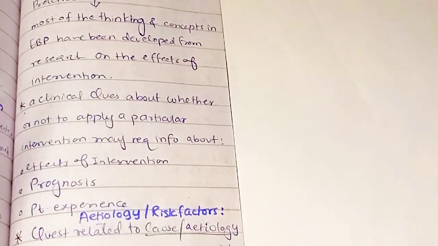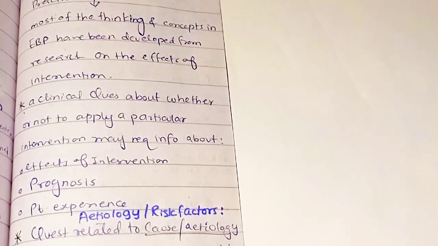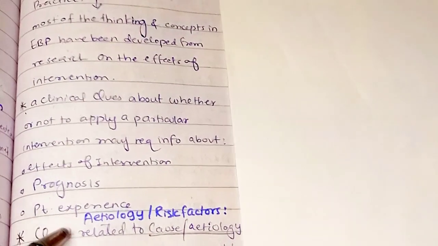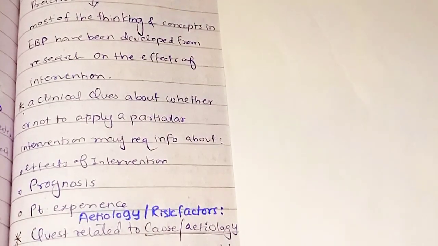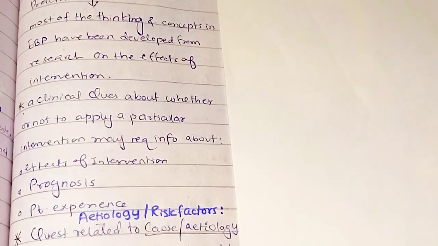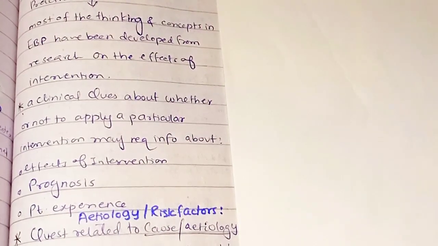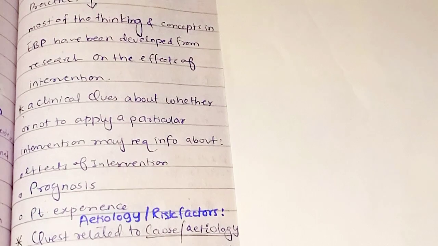And then the prognosis, meaning how long it will take for a patient who is treated with short wave to recover from the frozen shoulder. And then the patient experience, for example, if the patient had been treated with the same intervention in the past, he can tell you from his experience whether it was bad for him or whether it really relieved or alleviated his symptoms.